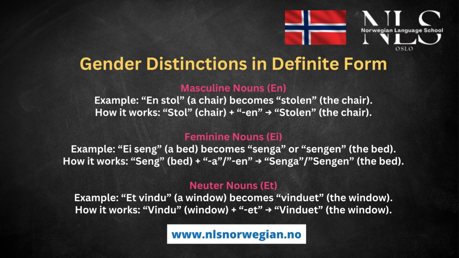So for definite neuter nouns, we don't pronounce the t. We write t, but we pronounce it e. So the pronunciation for the window is vinduet. This suffix makes it clear that vindu is a neuter noun. Remember not to pronounce the t in et at the end of the definite neuter noun.